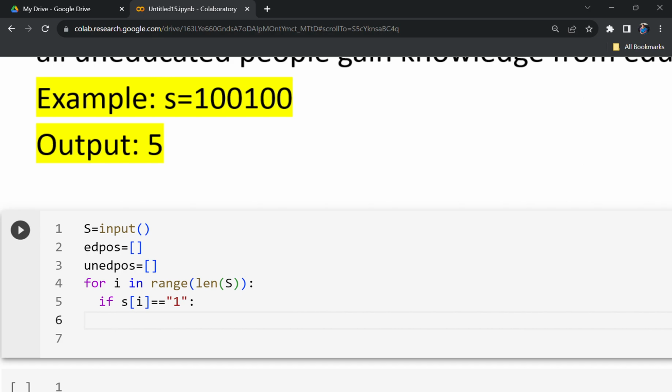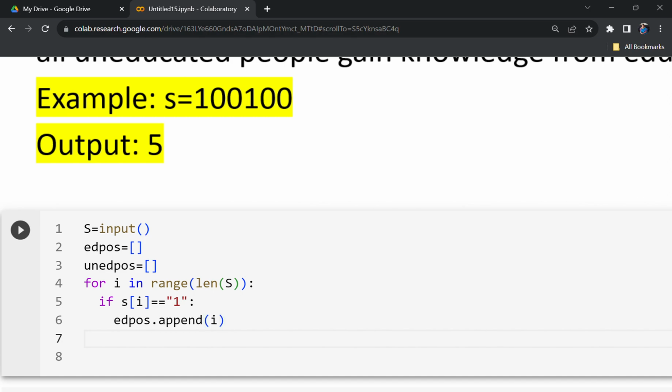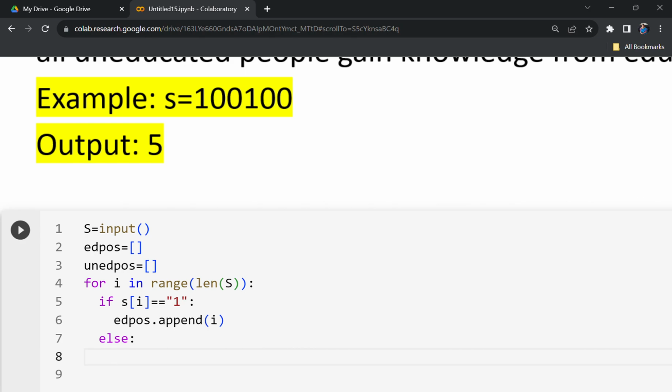This position belongs to an educated person, so edpos dot append i. Else, what does this mean? If it is the case of an uneducated person, its position is to be sent to uned pos dot append i. Okay, now we have gathered the positions of educated people and uneducated people.